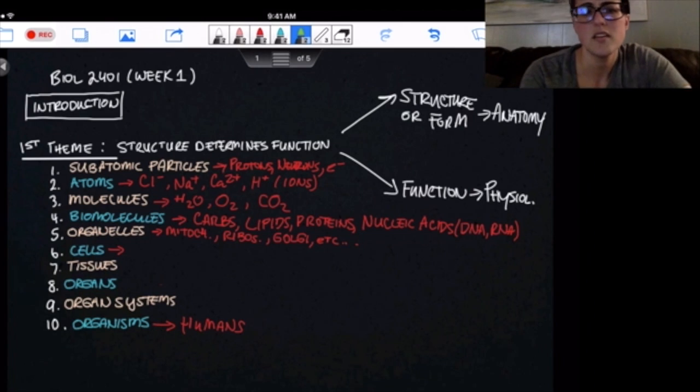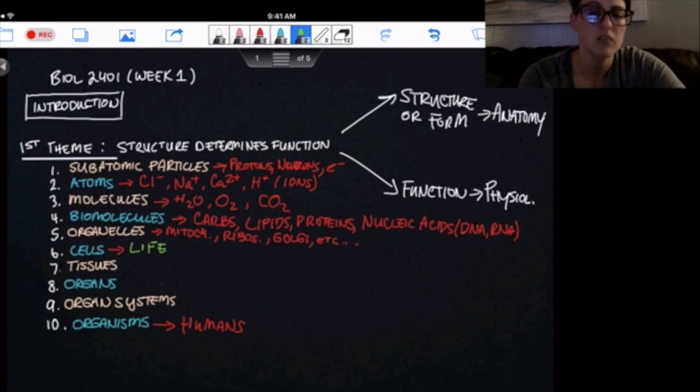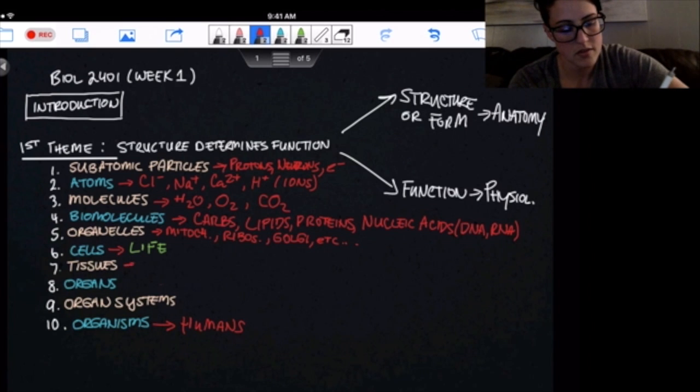And a cell is really the first place we actually see life. So I'm going to put the word life here to remind you that a cell is the first place that we actually see life. Okay, it's living. A cell is life. So we can take a bunch of these cells, put them together, and form tissues.